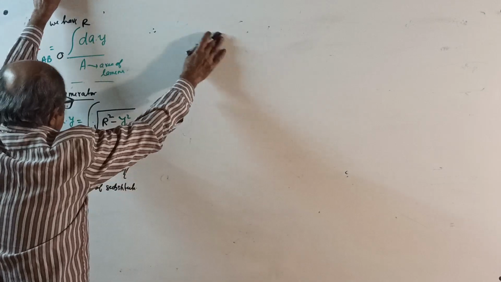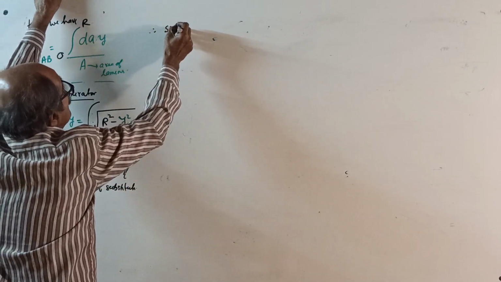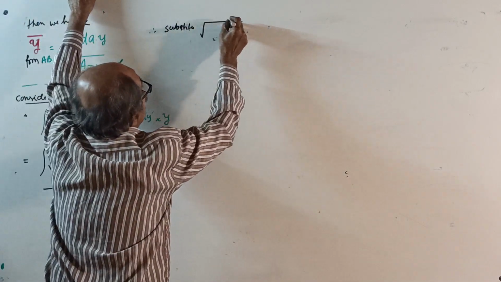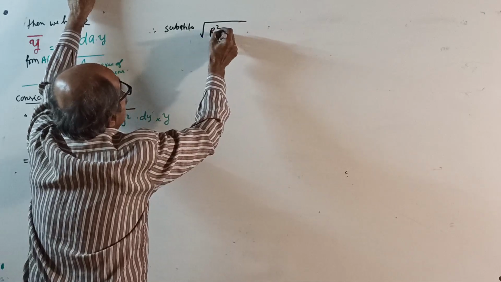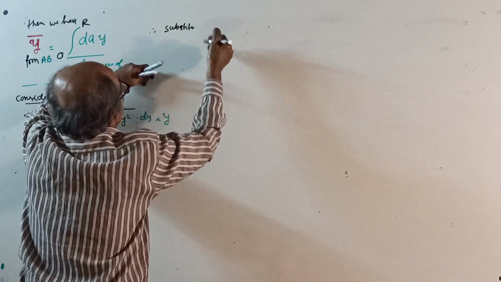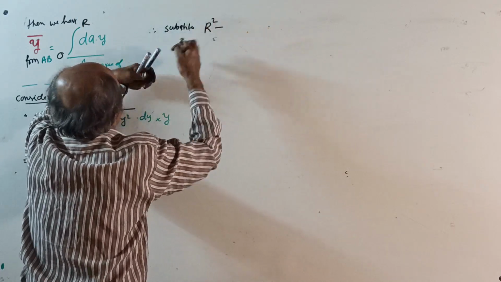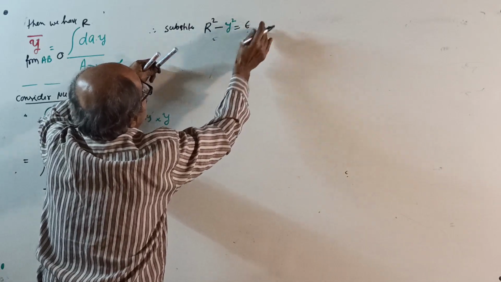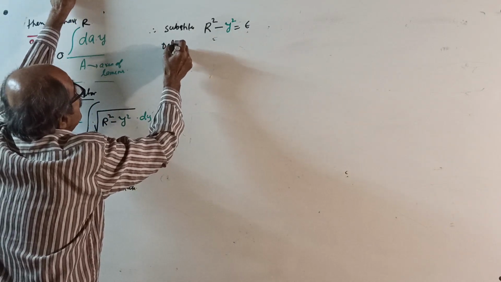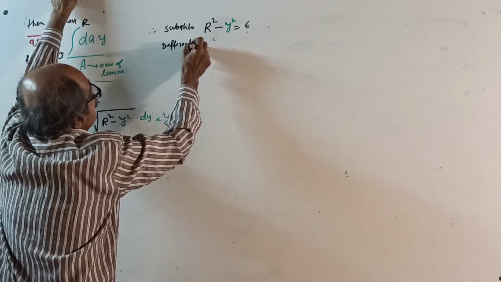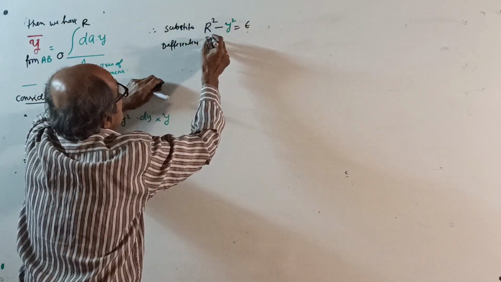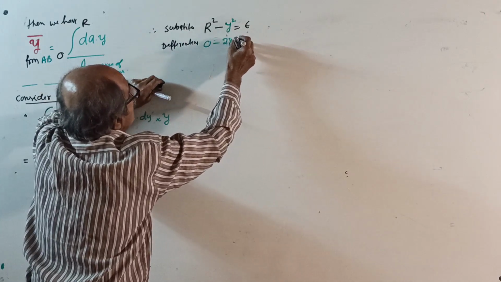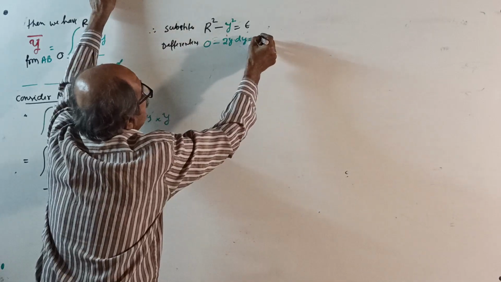Therefore, now see, substitute r square minus y square equal to t. Now, differentiating, minus r square is 0, so 0 minus 2y dy equals dt.